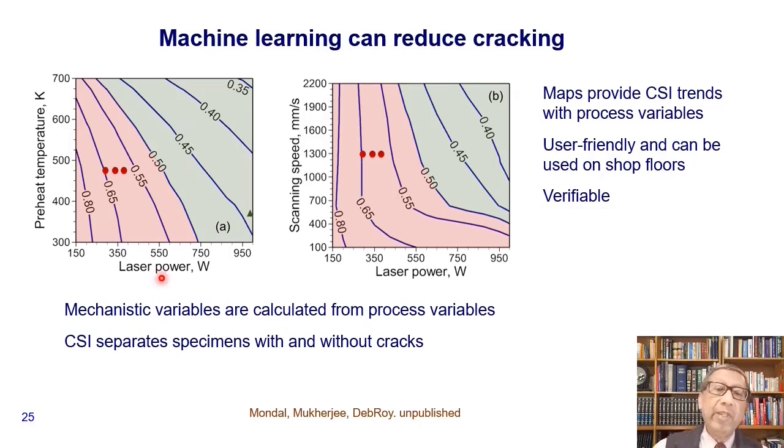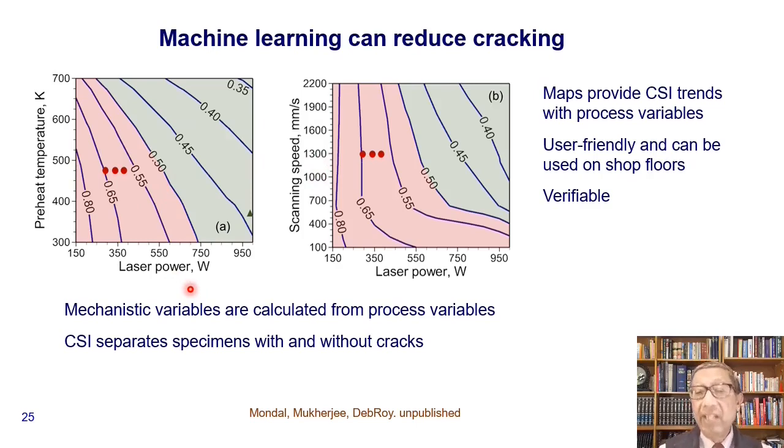So here we plot laser power and preheat temperature, and we plot different contours of CSI. If the CSI values are much lower than 0.5, we expect that these samples will not crack. So with maps of this type, we can select conditions to avoid cracking.